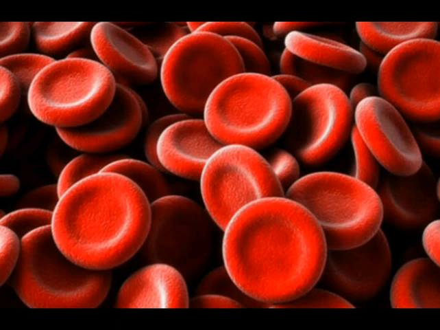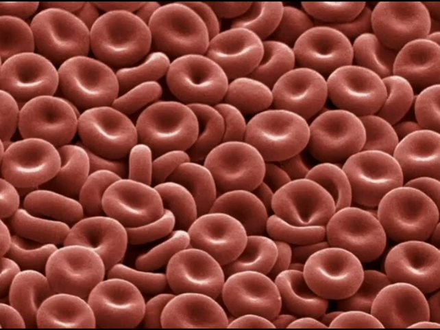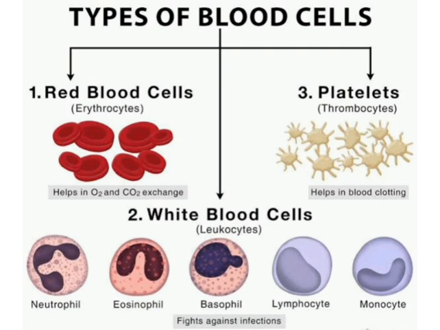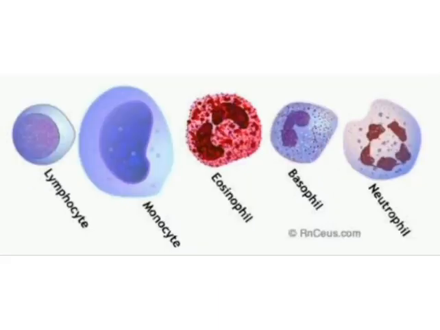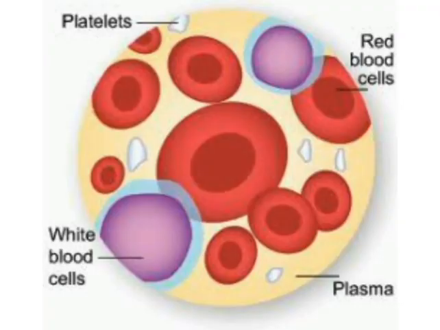It carries oxygen from the lungs to body parts. The next blood cell, WBC, aids protection from germs and diseases. WBCs are of 5 different types: monocyte, lymphocyte, neutrophil, basophil and eosinophil.